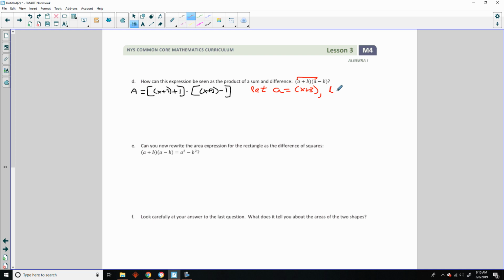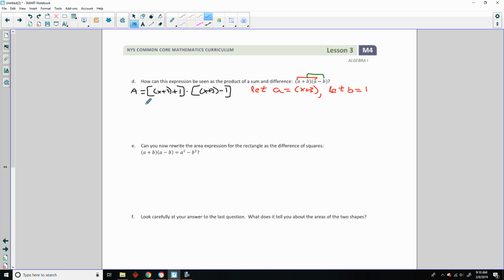And I will let B equal 1. See how 1 is the same as over here and here? And there's a plus and a minus. So here's my B's and here's my D's. They're the same. Okay, so let A equal x plus 3 and let B equal 1.